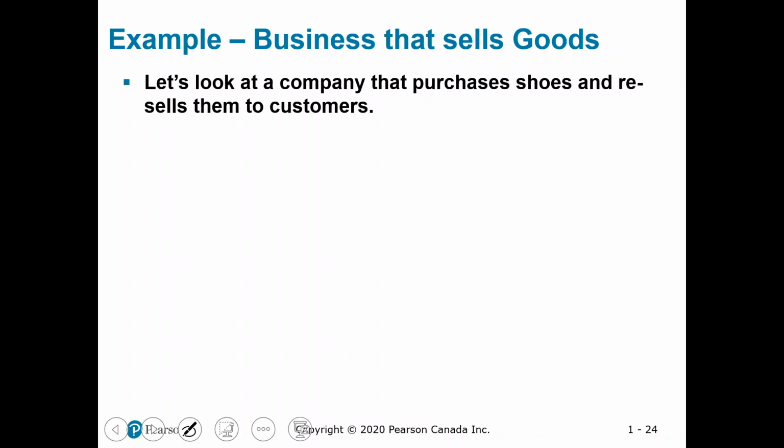For this example, we are now going to be a company that purchases shoes and resells them to customers. So we're not going through the production. We just purchase them wholesale and then resell them to customers. So again, first thing we do, name the company ABC Shoes Inc. We're still creating the income statement.